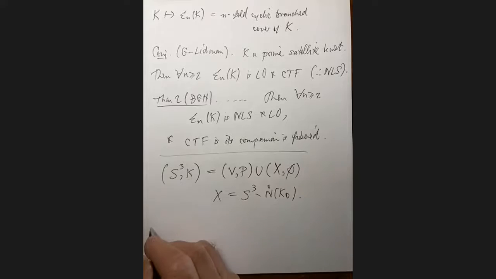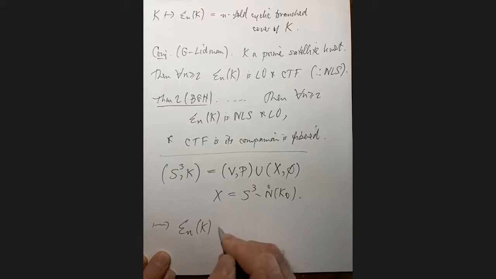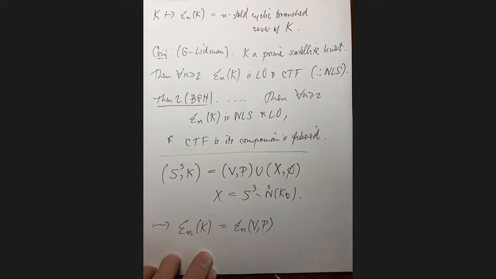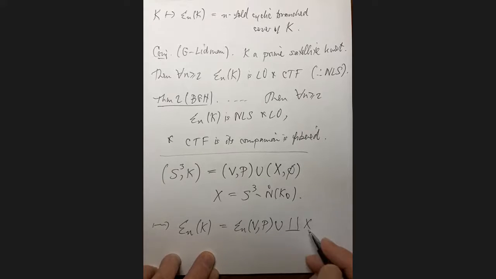And so when you take the n-fold cyclic branch cover, you get a corresponding decomposition of that as the n-fold cyclic branch cover of the solid torus branched over P, union a bunch of copies of the appropriate cyclic covers of X. So let me just write down the formula.